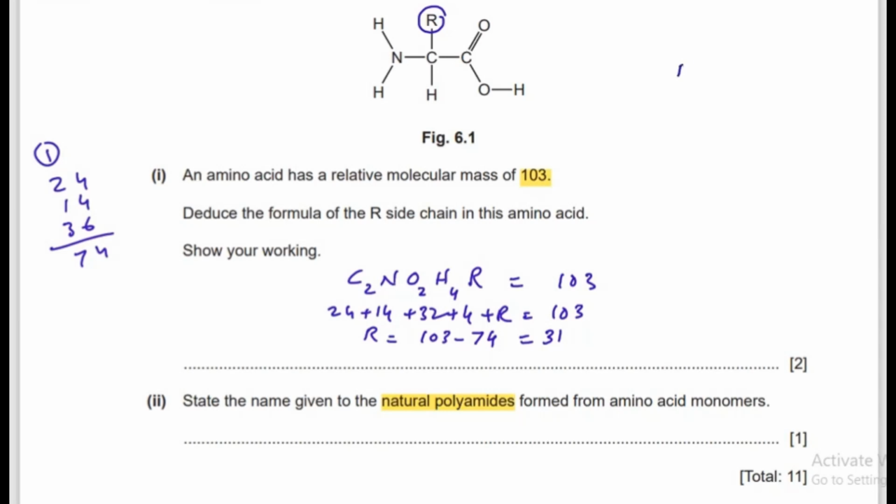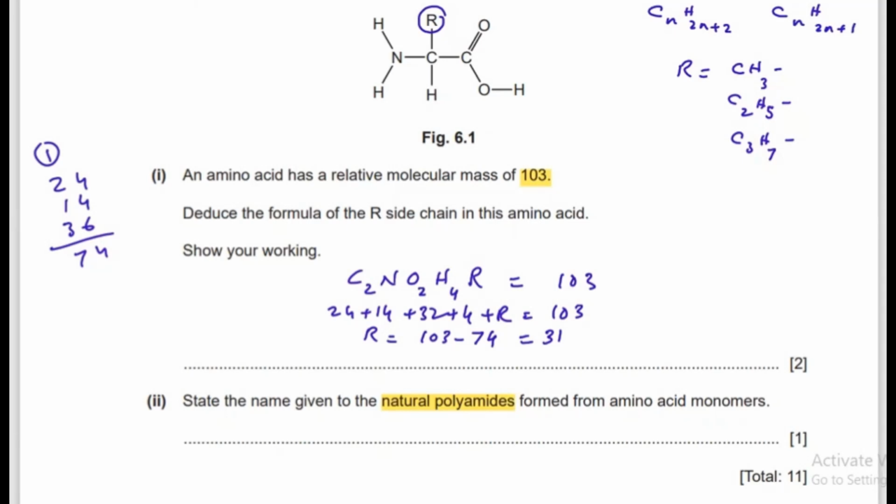Generally, the first alkyl group is CH3, which is methyl. The second is C2H5, which is ethyl. The third one is C3H7, which is propyl. The difference between alkane and alkyl is that alkane is CnH2n+2, and alkyl has 1 less hydrogen as compared to the alkane. So CnH2n+1 is the alkyl.